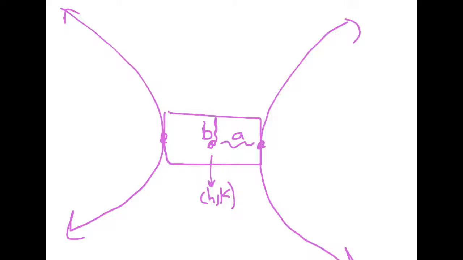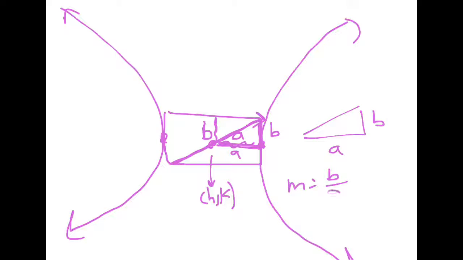Well, the easiest way to do that is to use point-slope. Well, what is the slope here? Well, the slope is rise over run. Well, picture this little triangle right there. We know that the base of that triangle is a, the height of that triangle is b, and so the slope is rise over run. The slope is m equals b over a.